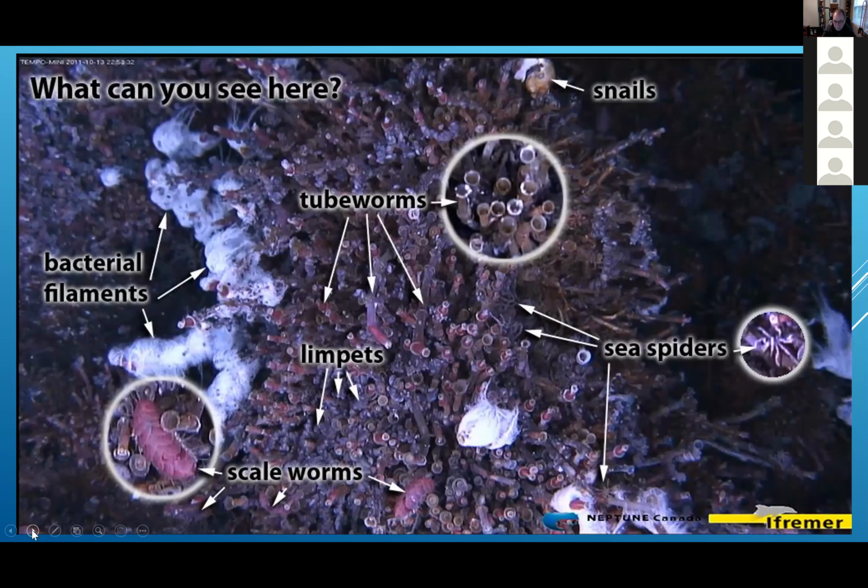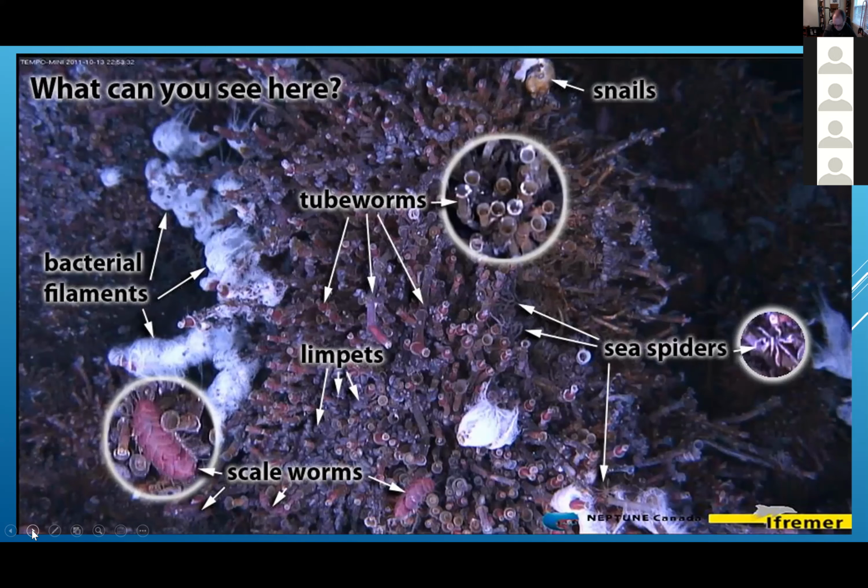Okay, so this is a diagram of the various organisms which live in hydrothermal vent ecosystems. You can see how the majority is taken up by tube worms, since these are really prevalent in this ecosystem, but there are many different organisms which use these tube worms for food and for shelter, such as scale worms, sea spiders, and snails.